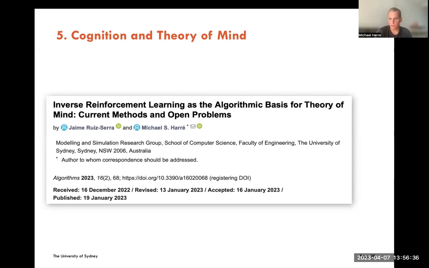So rather than reinforcing on the basis of the environment or other people's behavior, actually building an internal representation of what is going on inside that other agent in terms of goals and beliefs and preferences. And so this was published earlier this year by myself and my PhD student.